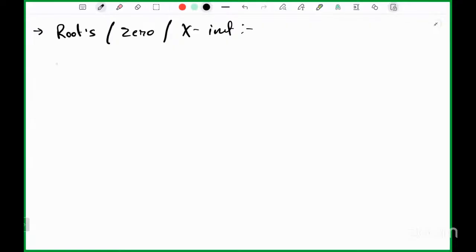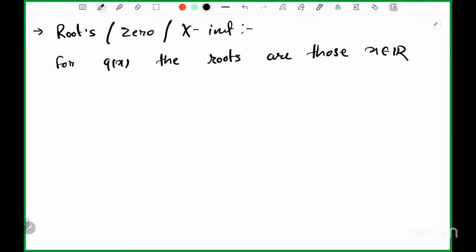So for a parabola, for a q of x, the roots are those values of x for which this q of x becomes 0. Ultimately we need to find those values of x for which q of x is vanishing, or cutting the x-axis, or intersecting the x-axis.